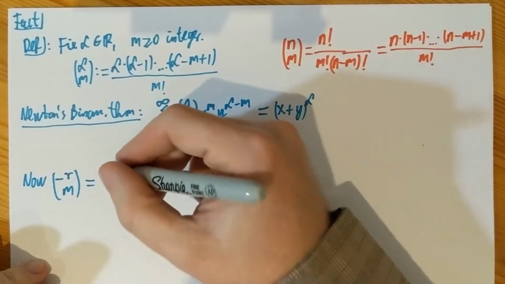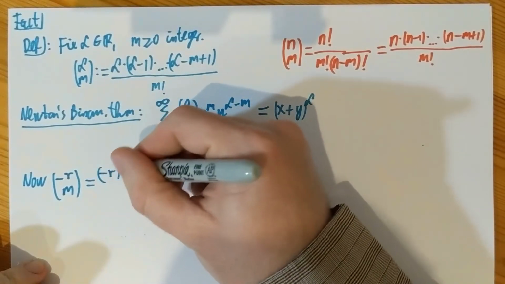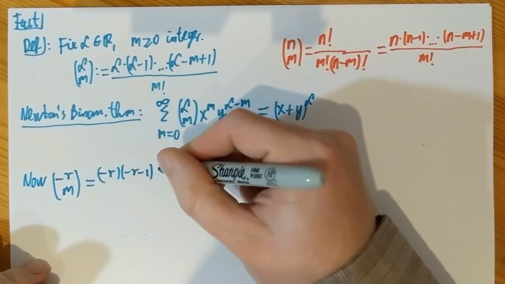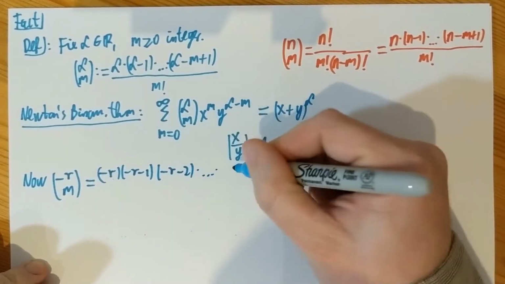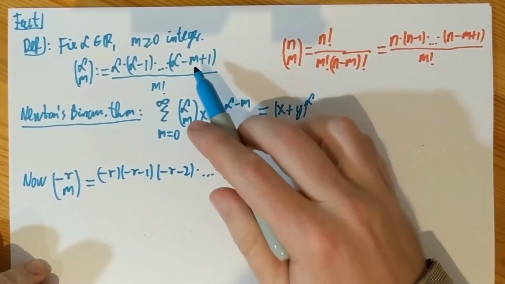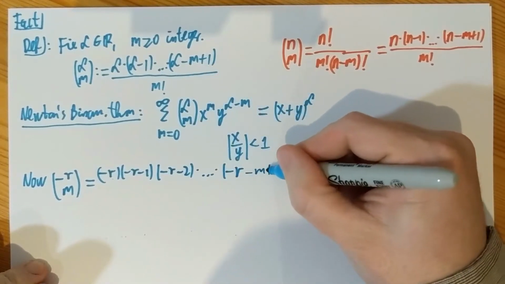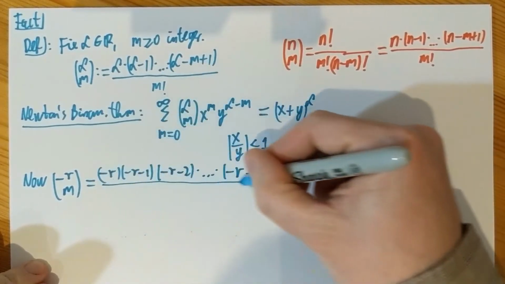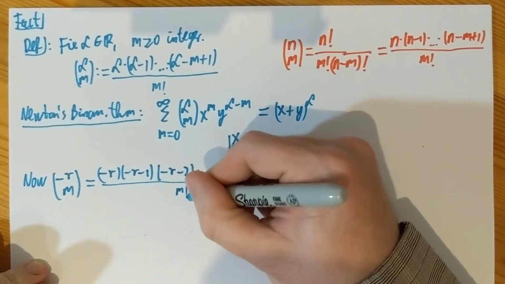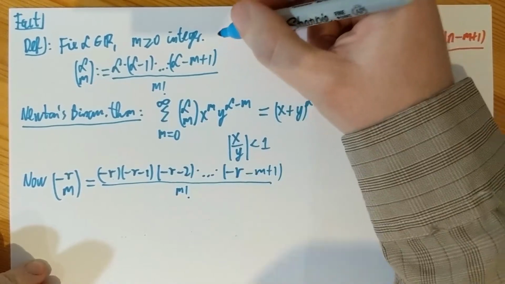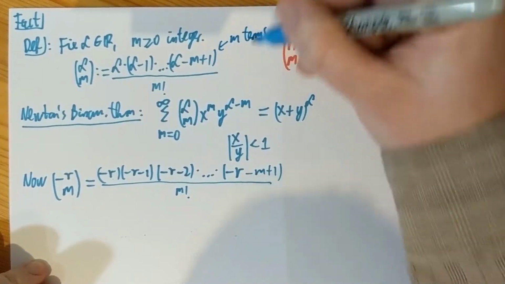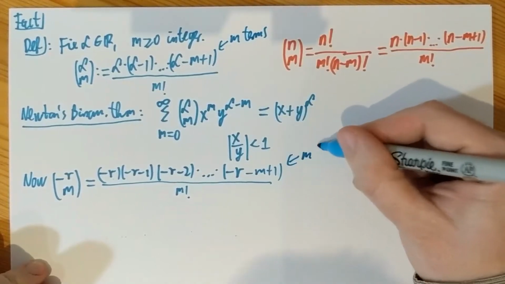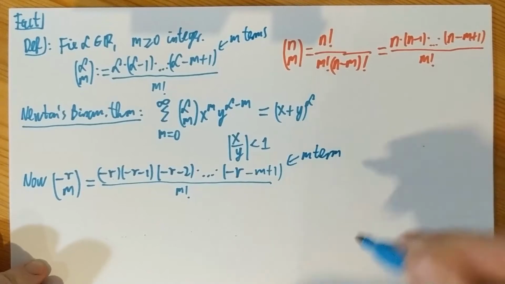So the definition is minus r times minus r minus 1 times minus r minus 2 dot dot dot minus r minus m plus 1, over m factorial. And notice that up here I always have m terms, and here as well I have m terms. M is a positive integer.